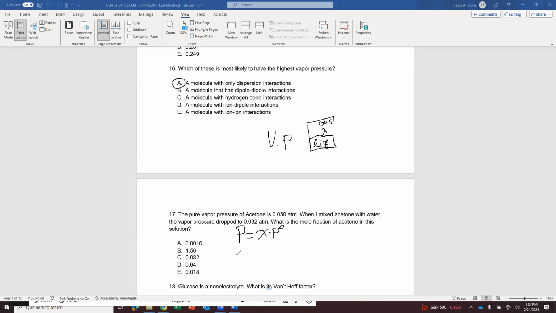So the pressure in the solution was 0.032. That is equal to the mole fraction, which I'm trying to solve for, multiplied by my pure pressure, 0.050. So I'm doing 0.032 divided by 0.050. And so the mole fraction is 0.64. That's the answer for 17.